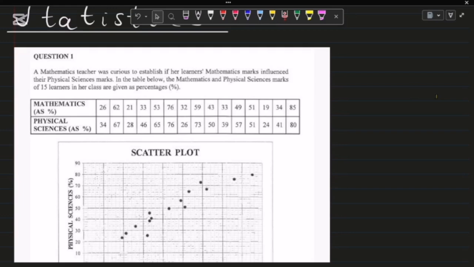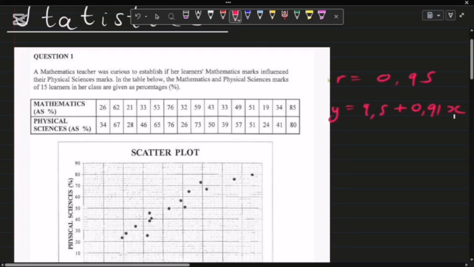We did that for this situation, and then we found out that the correlation coefficient R is 0.95, if I'm not mistaken, and then the equation of the line of best fit is y is equal to 9.5 plus 0.91x.